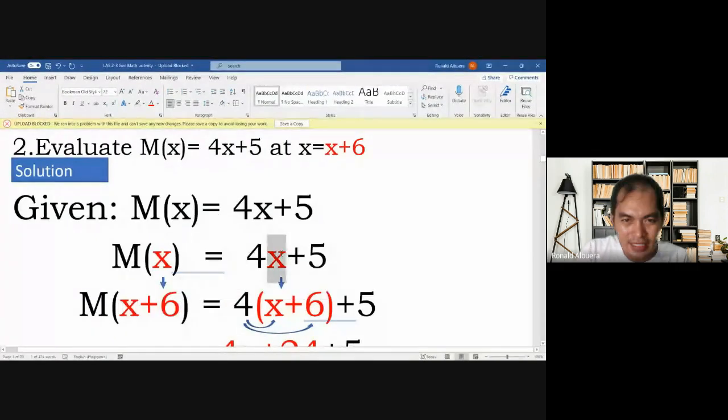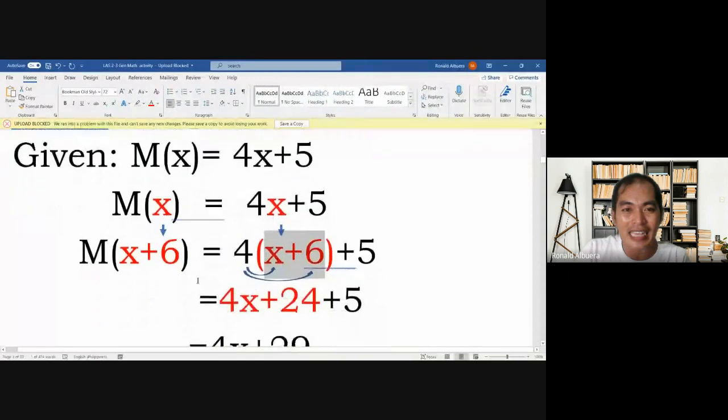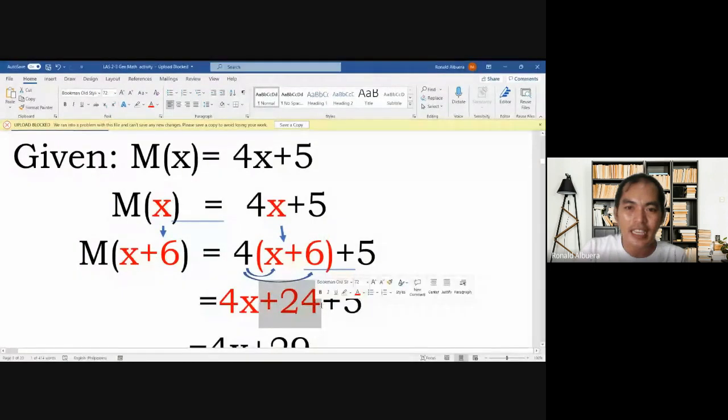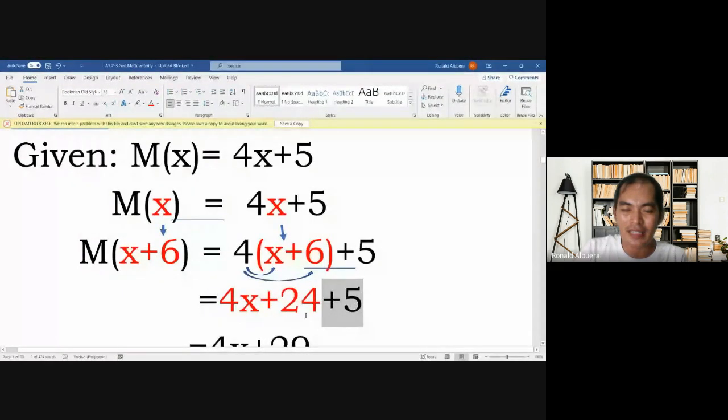Itong x, nakatabi ng 4, papalitan din natin ng x plus 6. If you notice my arrow, so pinalitan na natin ng x plus 6 at papalitan din natin ng x plus 6. And then, distribute. 4 times x is 4x. 4 times positive 6 is positive 24. And then copy positive 5.